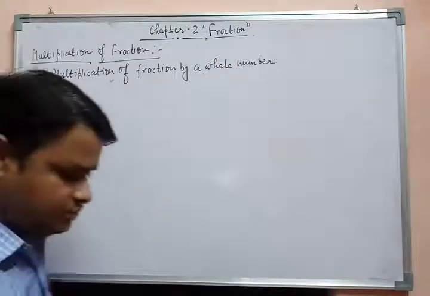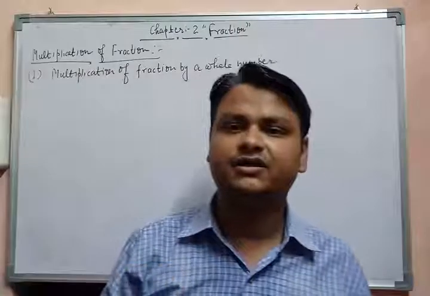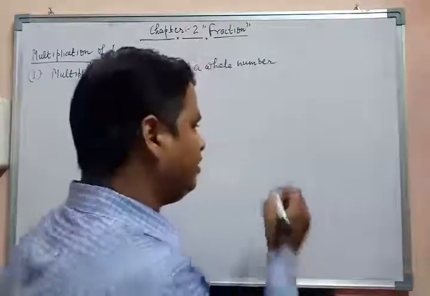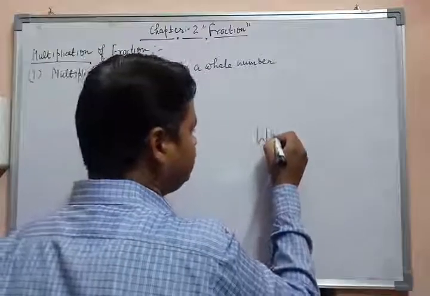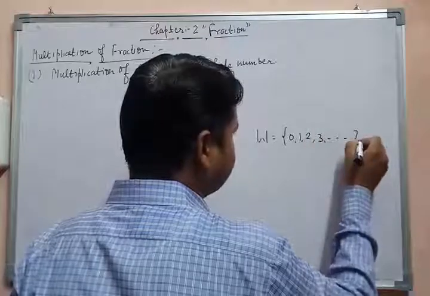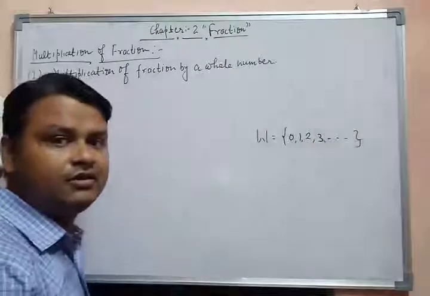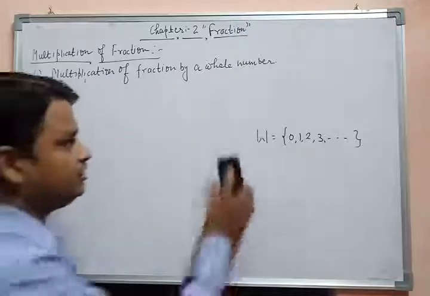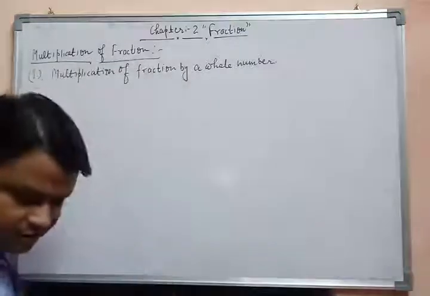What is a whole number? A whole number is the collection of all the counting numbers including zero. All the counting numbers including zero are called whole numbers. So students, this is the whole collection of whole numbers.